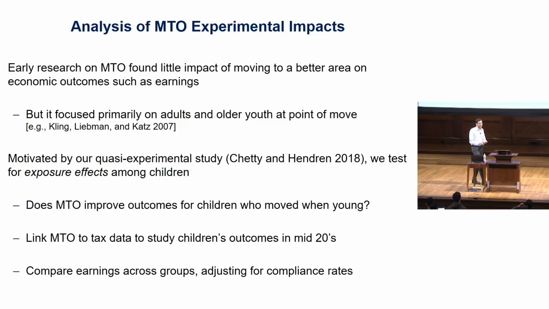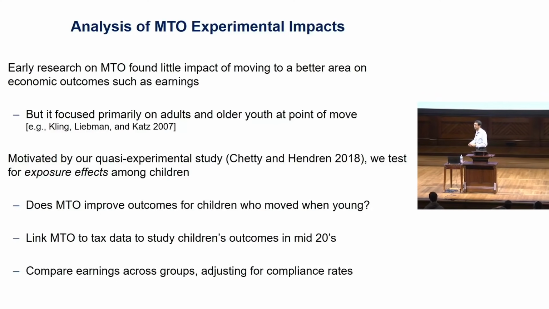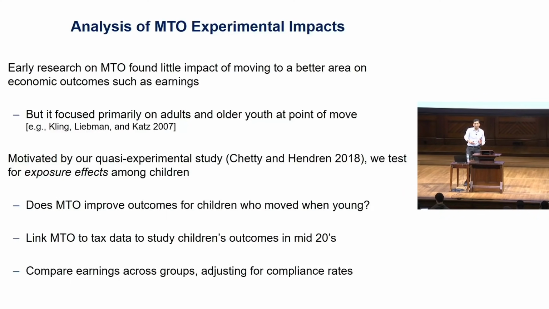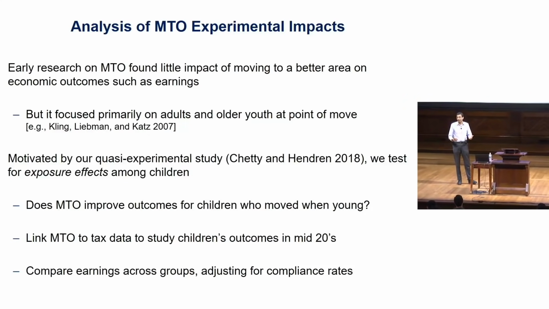So what we did instead is we took the data from HUD on the Moving to Opportunity participants and linked that to tax records, the information that we talked about in the previous lectures. And by doing that, we were able to follow the younger children over a much longer period, right? You don't need to go back and do these surveys. You just systematically see everyone in the tax data.